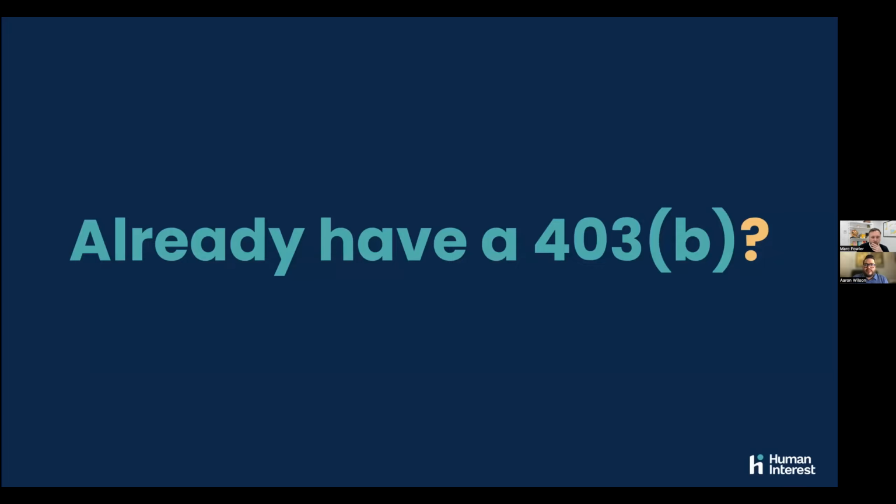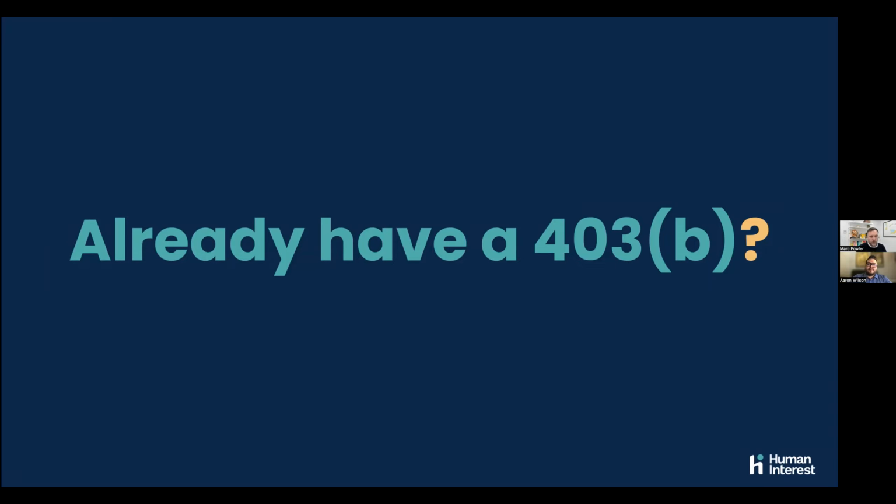So Mark, quick question. What if the nonprofit already has a 403b? What should they do in that situation? Great point. And the answer to this comes up for a couple of reasons, right? So first of all, if you are running a retirement plan, you have a sort of ethical obligation to make sure you are doing the very best with the money that you have some sort of oversight over, right?